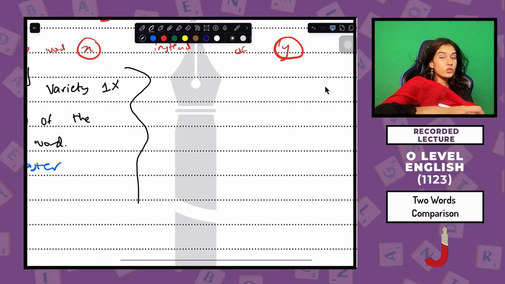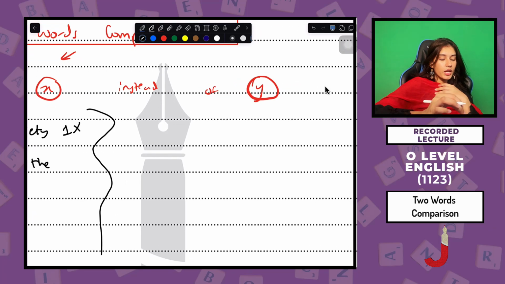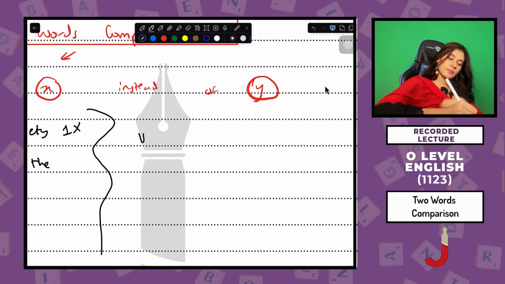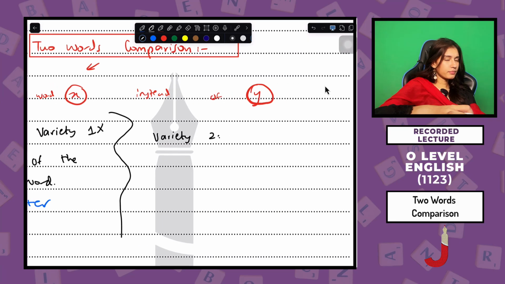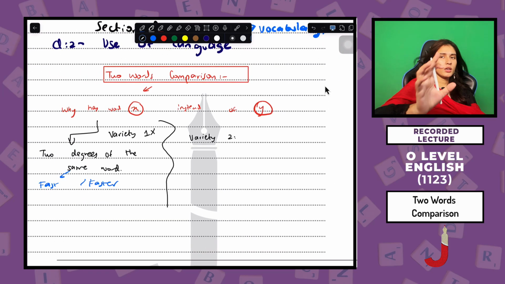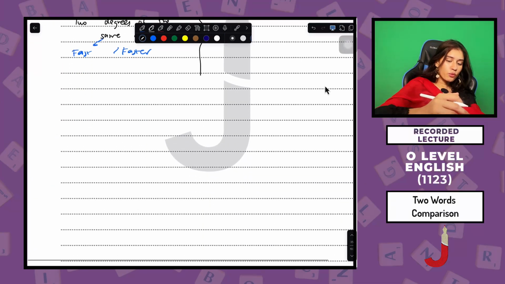No. Today we're going to be discussing something even more difficult to decode. So this variety is basically when you have two words that are not degrees of the same word. They're a little unrelated.